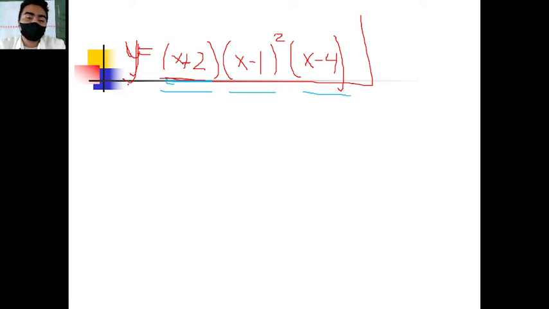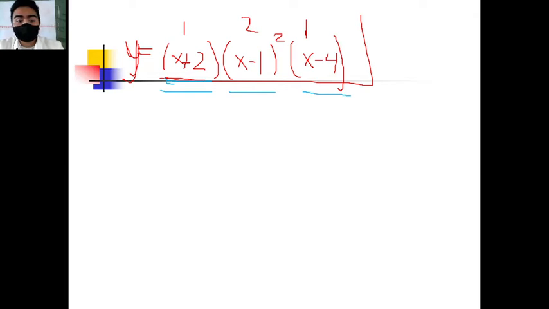In the first factor, we have the highest degree of 1. How about the second factor? The highest degree of that one would be 2. How about the third factor? The highest degree of that one would be 1.